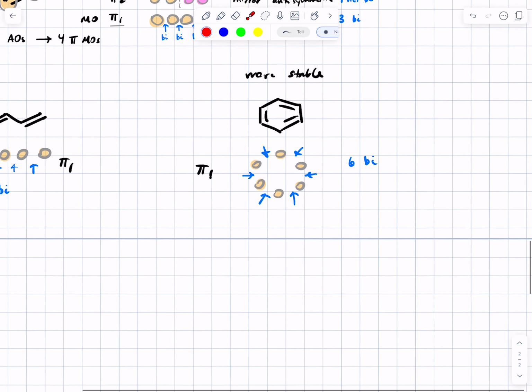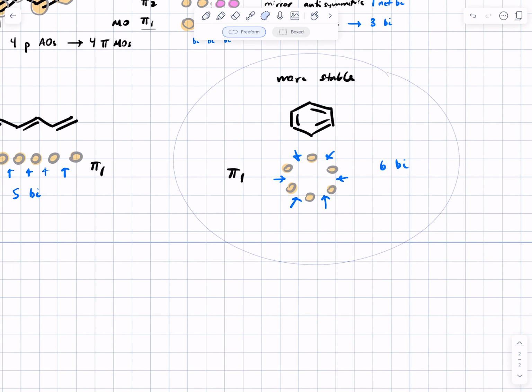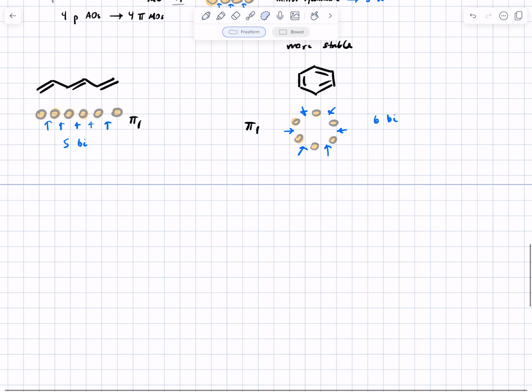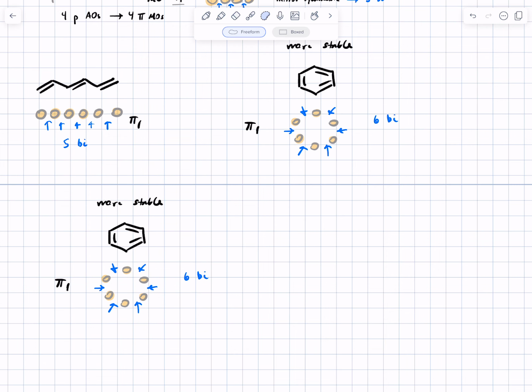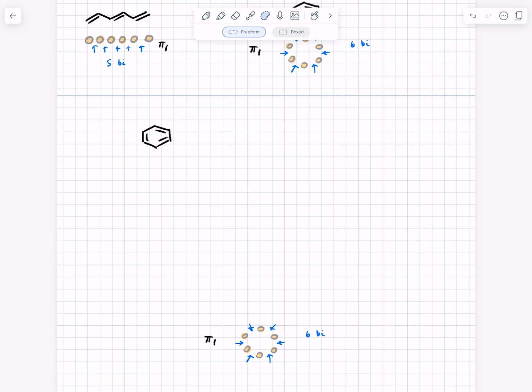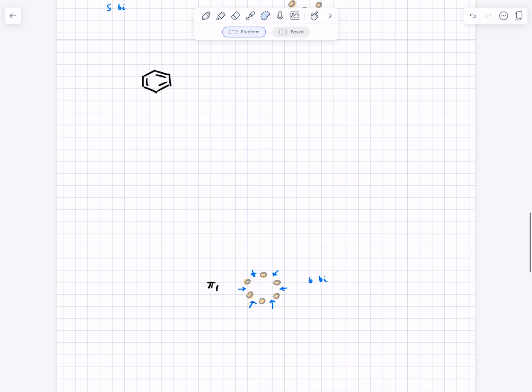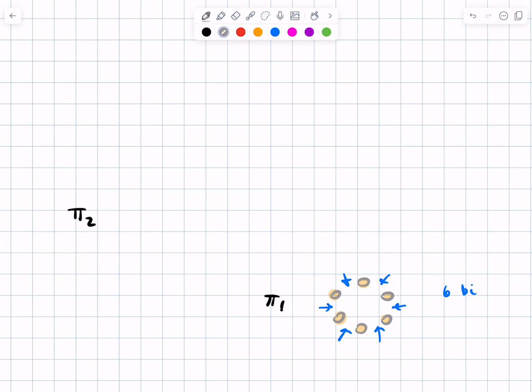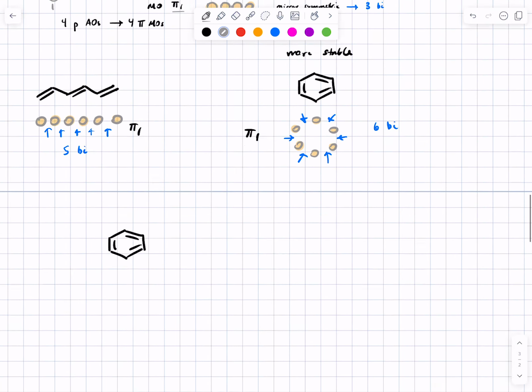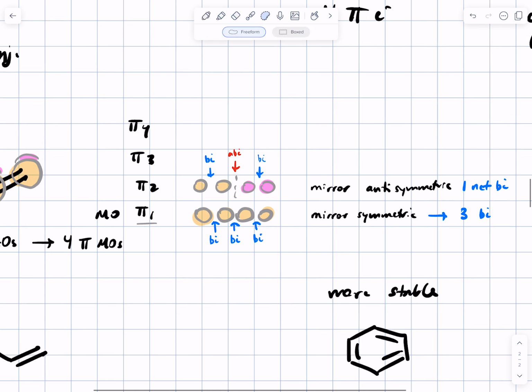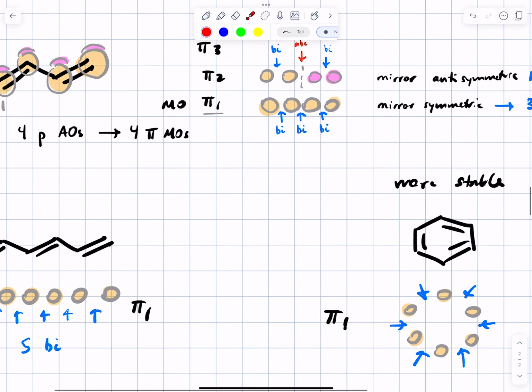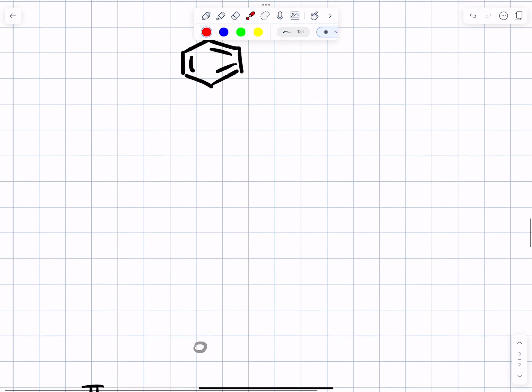Let's look now at benzene, and let's try to think of what the next orbital in energy would be like. And again, we're going to follow to some extent the pattern that we've seen before. The second orbital has to have 1 node and has to have mirror anti-symmetry. Sort of 2 different ways of saying the same thing.